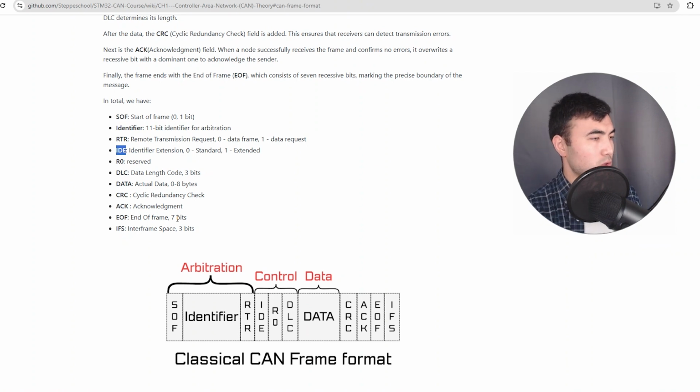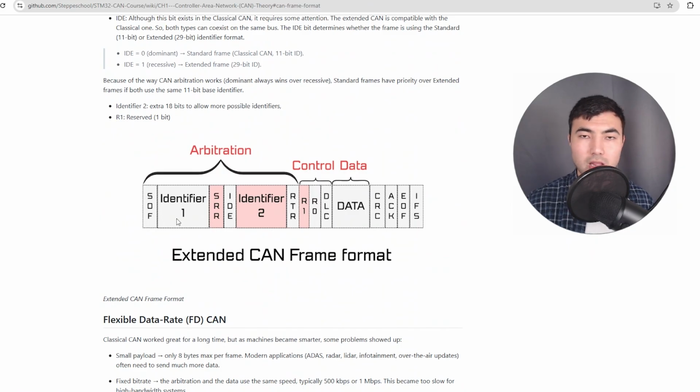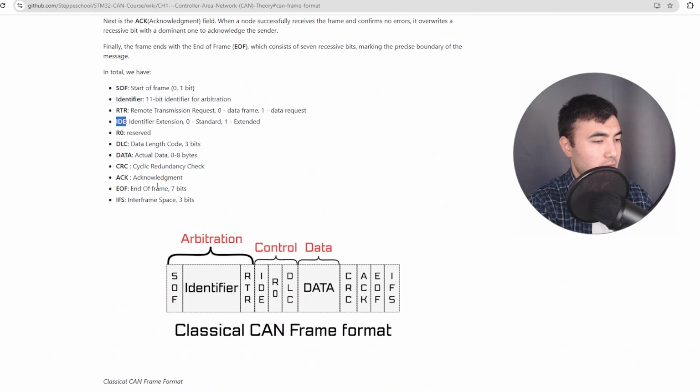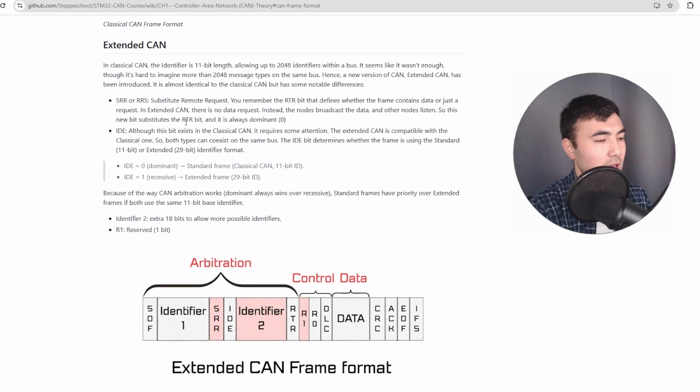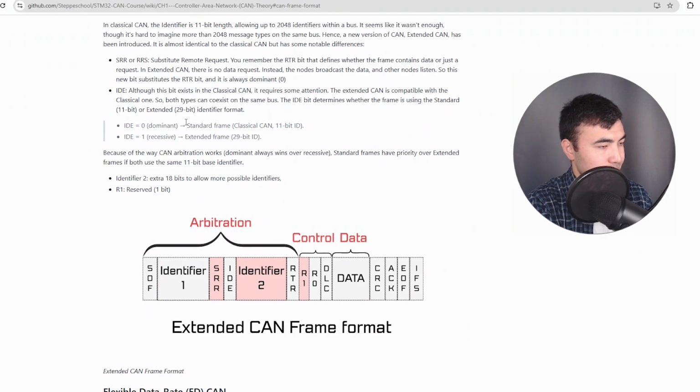Frames with the classical frame format and messages with the extended frame format can function within the same bus with no problem, because we have this bit which defines the frame format. If its value is 0, it means that it's standard, meaning that the classical CAN frame format has higher priority than the extended CAN frame format. So this is how it basically works.